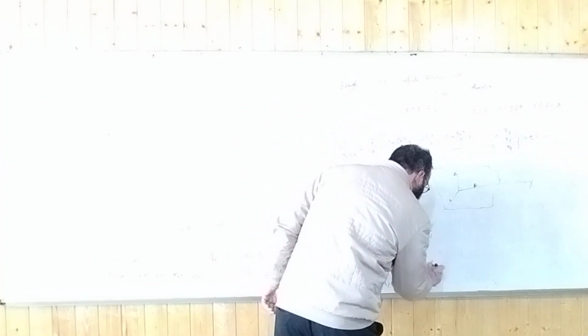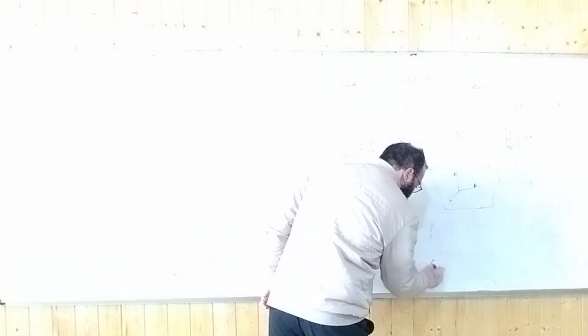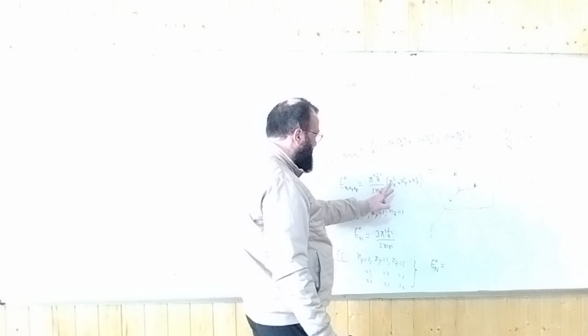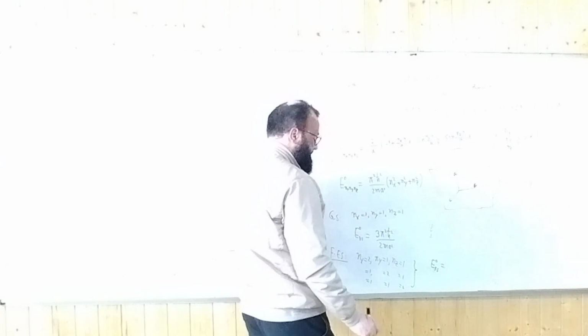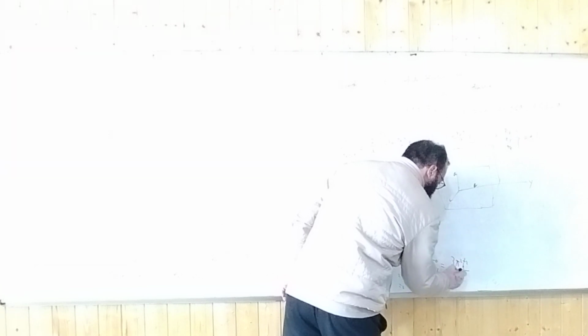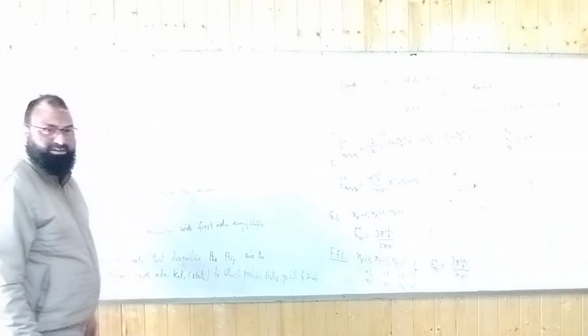So what is the energy? Let's write the first excited state energy, the unperturbed energy. How much is that? It is 6 by 2, it is 3 pi square h-bar square divided by m a square. So all these 3 states have the same energy.